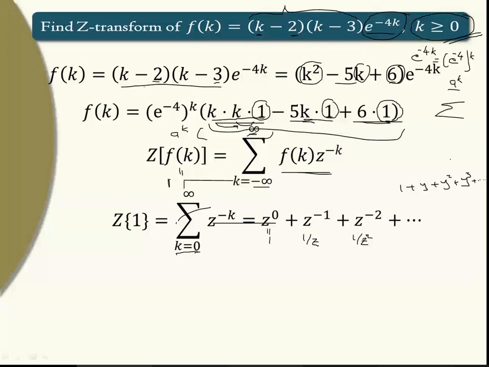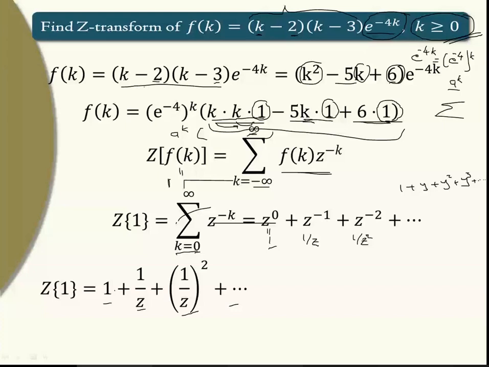1 is already there, so no problem, because z raised to 0 is 1. So it will be 1 plus 1 by z, plus 1 by z square, which we can write as 1 by z whole square. The next terms will be 1 by z cube plus 1 by z raised to 4, and like that we get the terms.